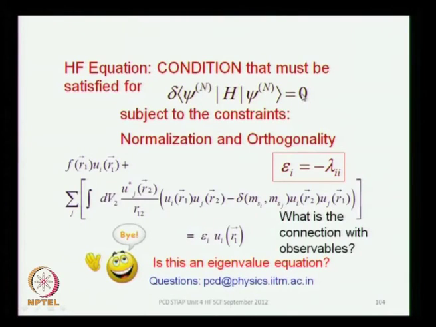That condition is represented by the Hartree-Fock equation. This is the condition. Okay, it is a condition. So, Hartree-Fock equation is essentially a condition, it must be fulfilled. It is a necessary and sufficient condition. Condition for what? That the variation in this expectation value of the Hamiltonian is 0, subject to the constraints of normalization and orthogonality within the frozen orbital approximation.